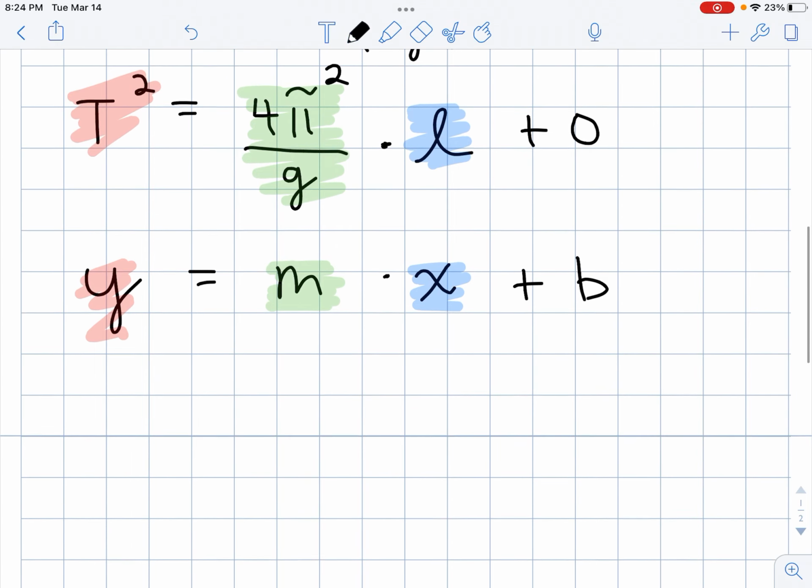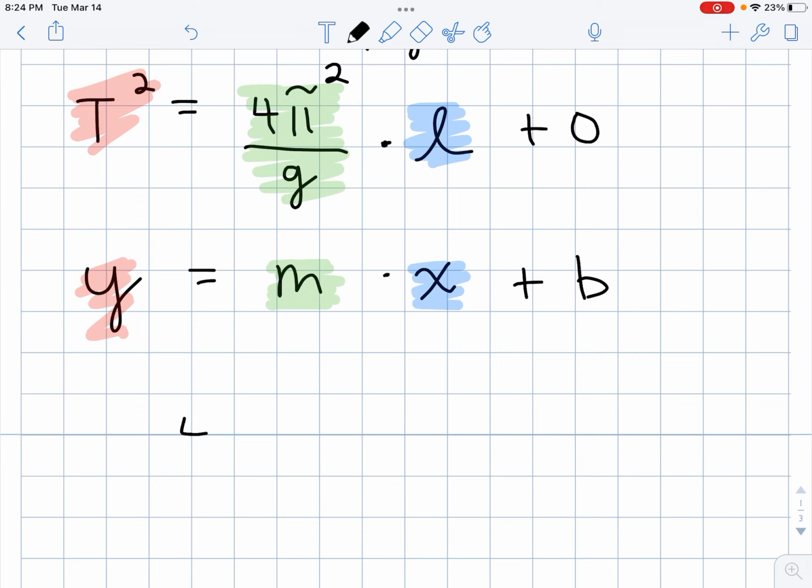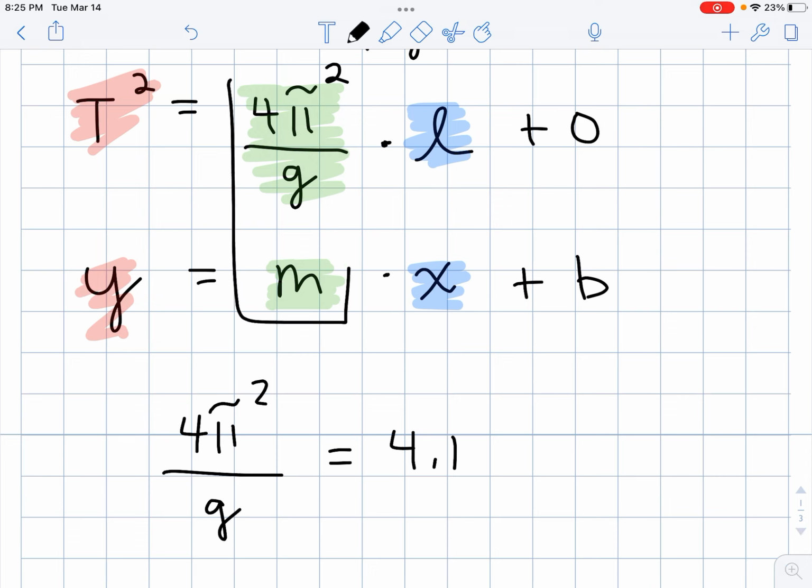So we're going to set this expression 4 pi squared divided by G equals 4.1.